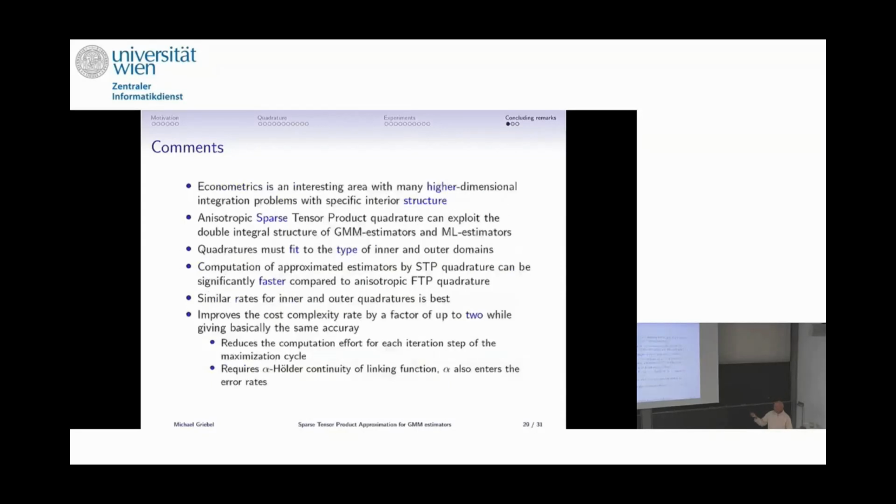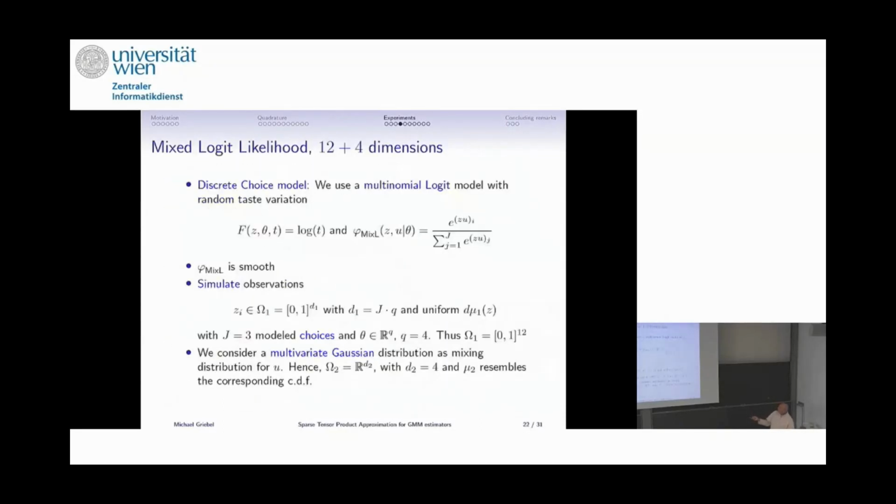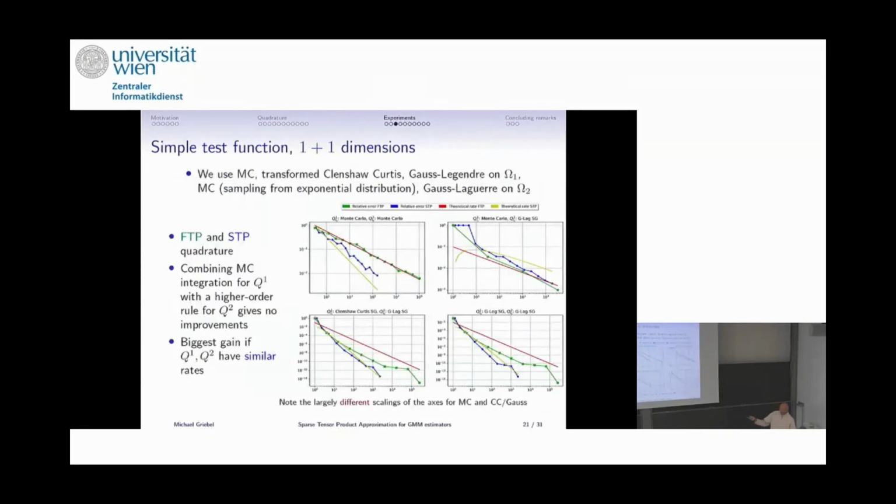I mean, let me make that point again. Simple one-dimensional times one-dimensional test function. And this was Monte Carlo. 10 to 5 degrees of freedom give you 2 digits in accuracy. This is not much. Here we get 10 to 5 degrees of freedom and get down to 10 to the minus 12.